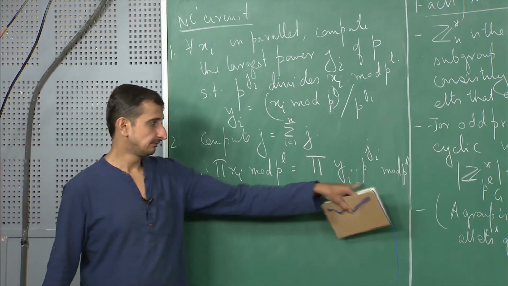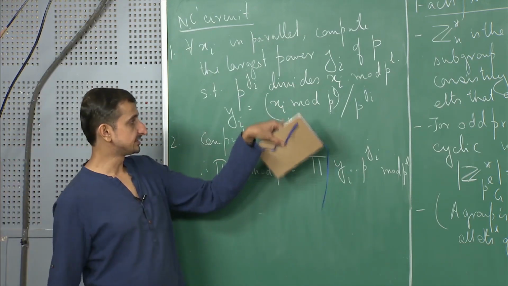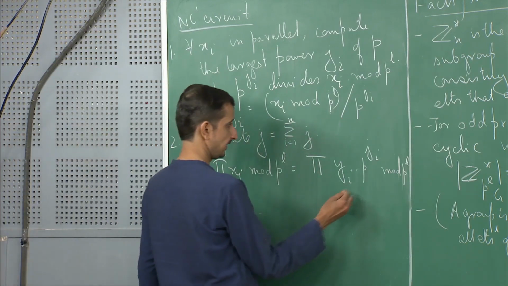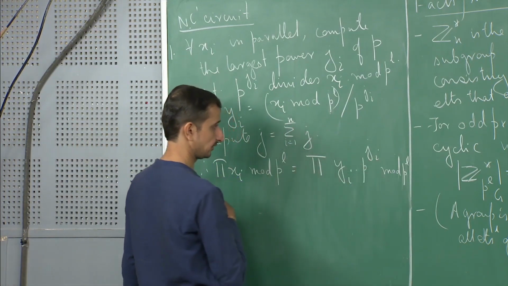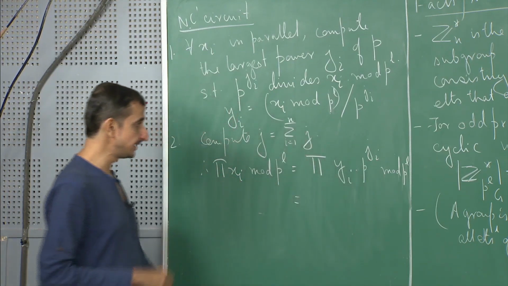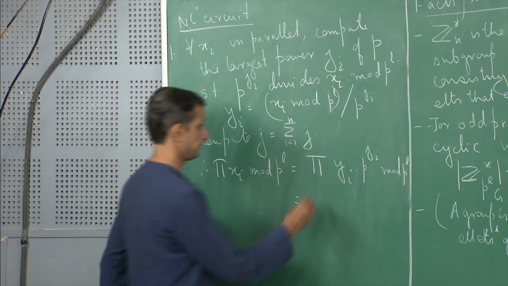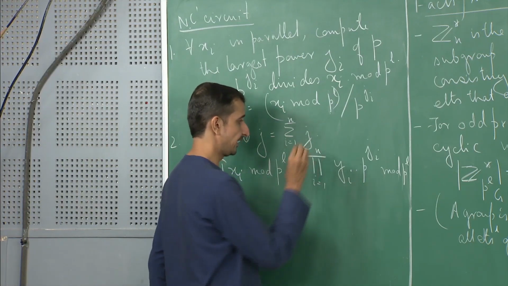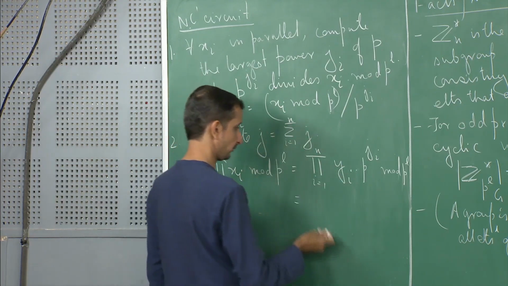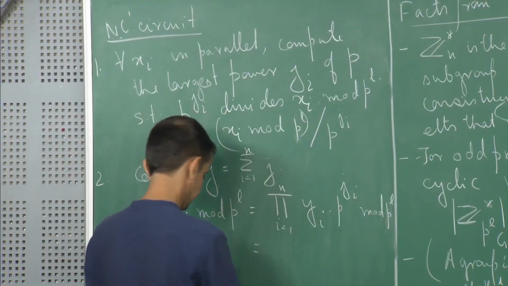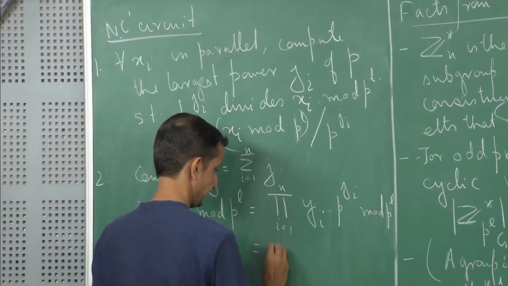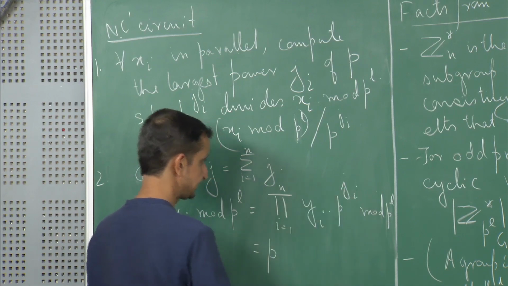I am factoring each xi mod p to the power l over here. Now I have this as a product over i going from 1 to n, where j is the sum of all the ji. Once I do this for all the yi's, I can take the sum of all the exponents, so I can write this as p to the power sigma ji.